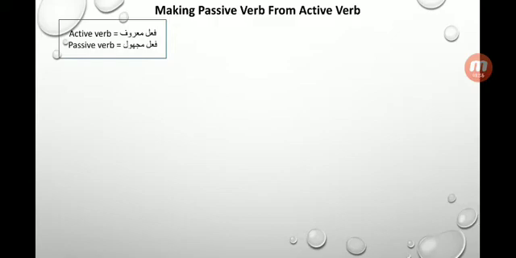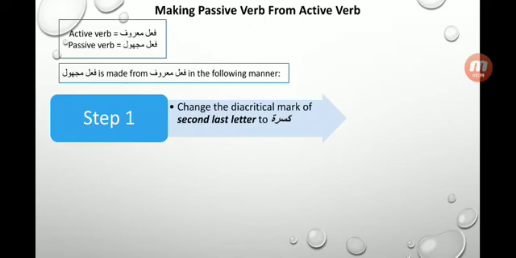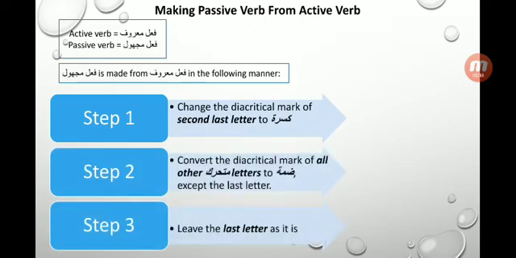Fi'l ma'ruf is a verb where the doer, the fa'il, is known, while passive verb is a verb where the doer is not known, rather it's only the fi'l and the maf'ul, the verb and the object. So fi'l majhul is made from fi'l ma'ruf in the following manner. There are three things that should be considered while making fi'l majhul.